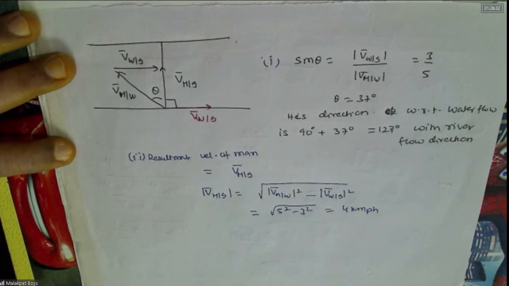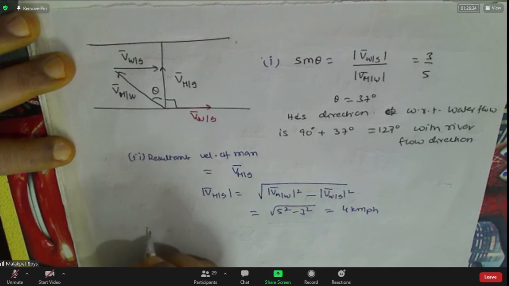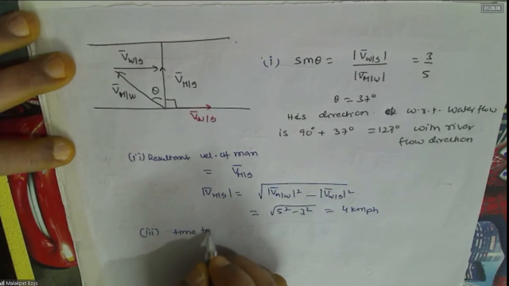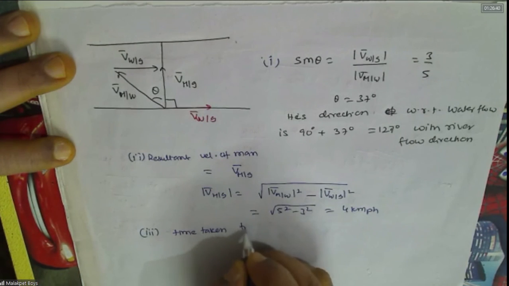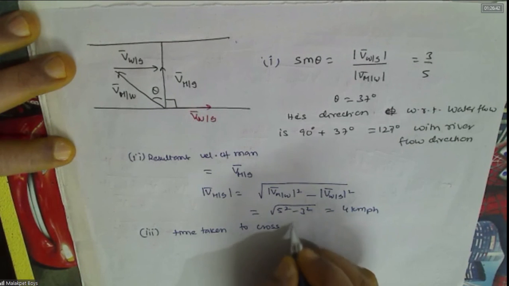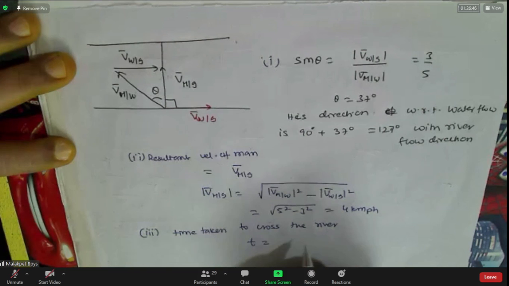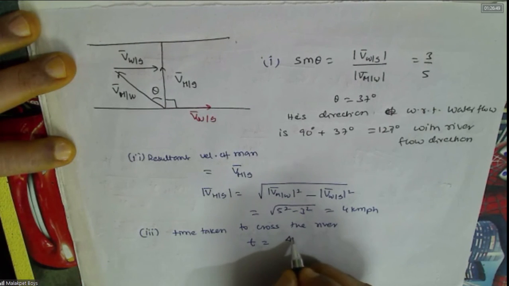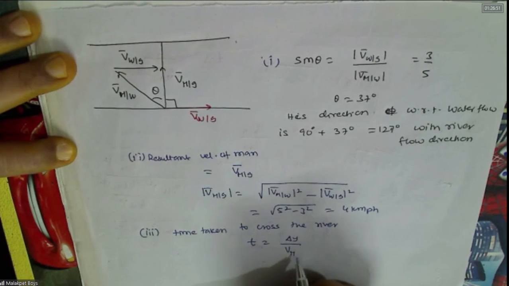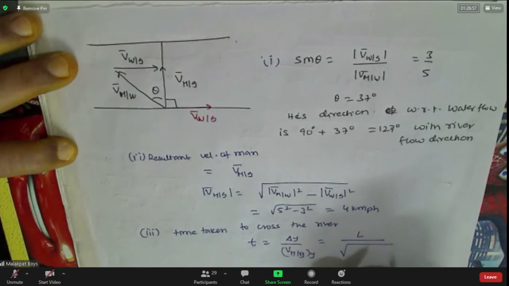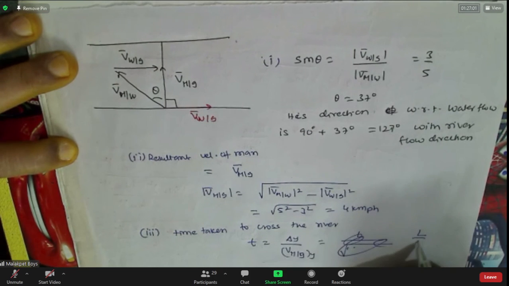What is the third one, man? Time taken to cross the river. T. Already you found that this is nothing but delta y by velocity of man with respect to ground in y direction. That is L by 4.